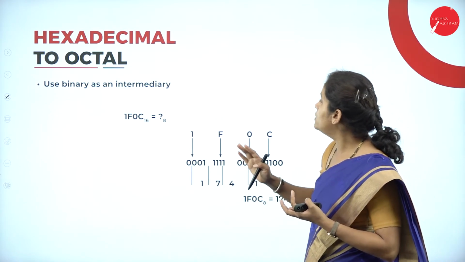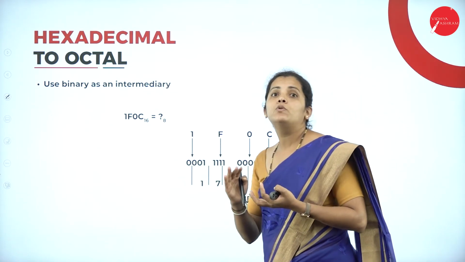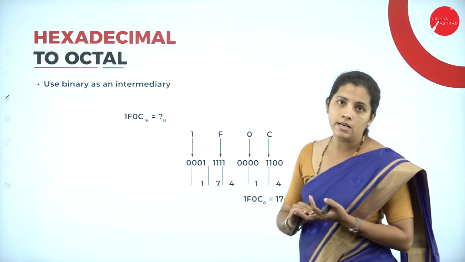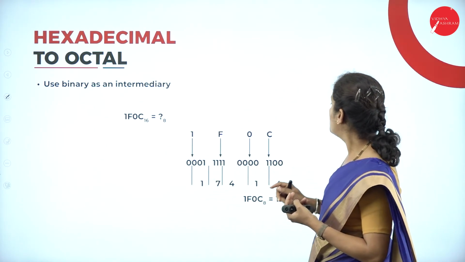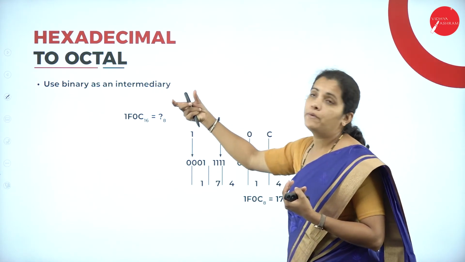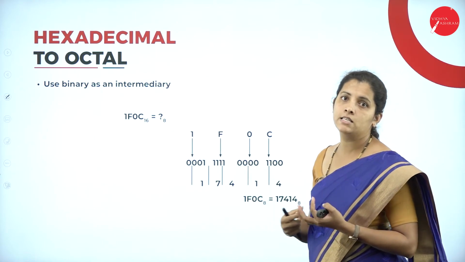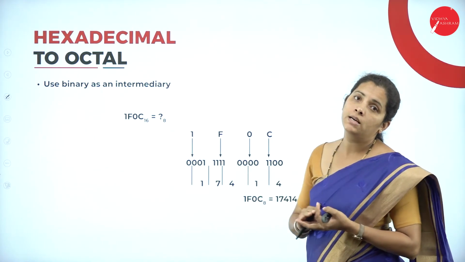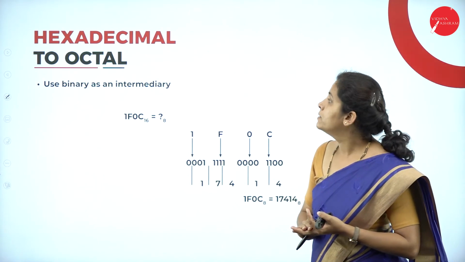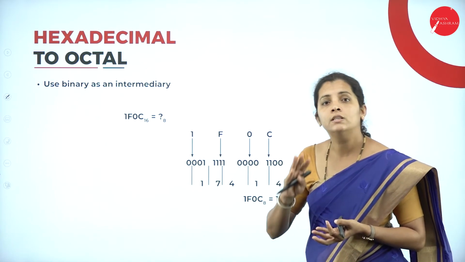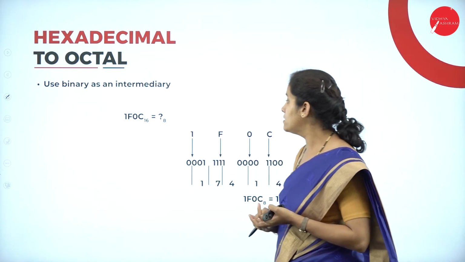Initially, I'm going to split the given hexadecimal number, then write the binary equivalent for that hexadecimal number, and at the end I'm going to group 3 bits together because in octal we group 3 bits together.